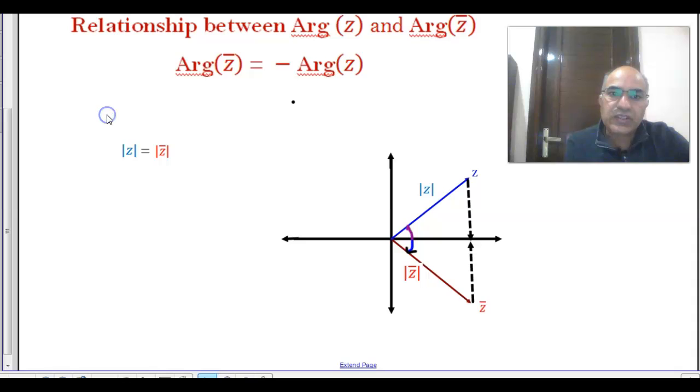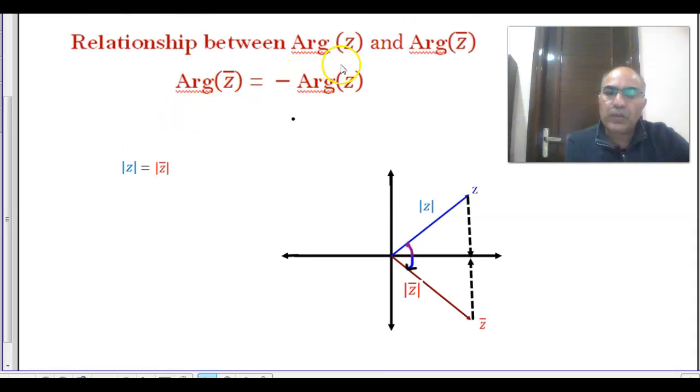Now there is a relationship between argument of z and argument of z conjugate. Argument of z conjugate is equal to negative of argument of z.